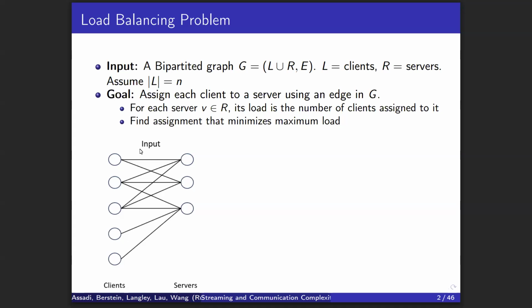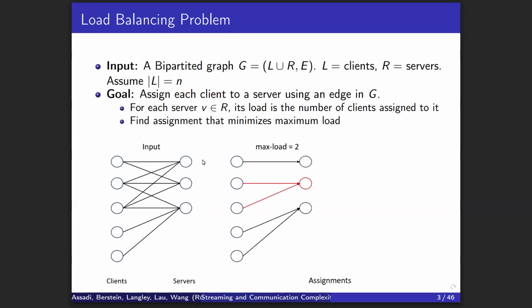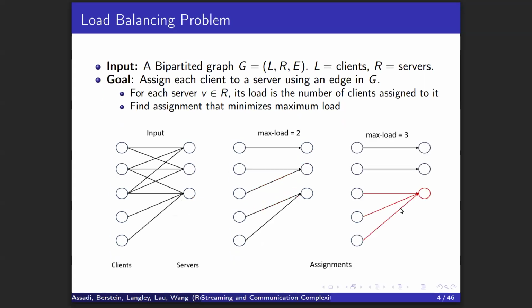For each server, I want to assign it to one of the clients using one of the edges in the graph, and I want to minimize the maximum load. The load on a particular server is just the number of clients that are assigned to it. Here you can see the max load is 3, because this vertex has three vertices matched to it.